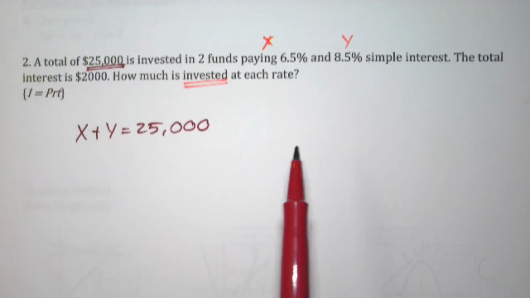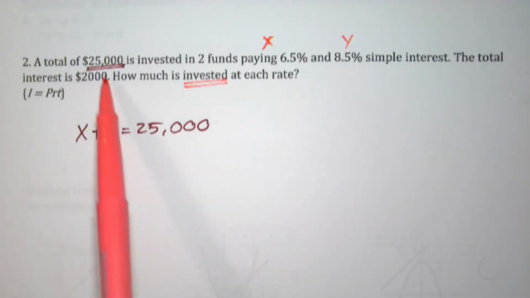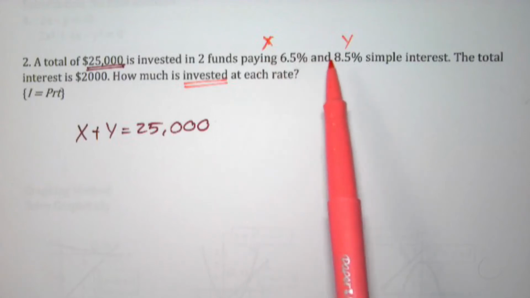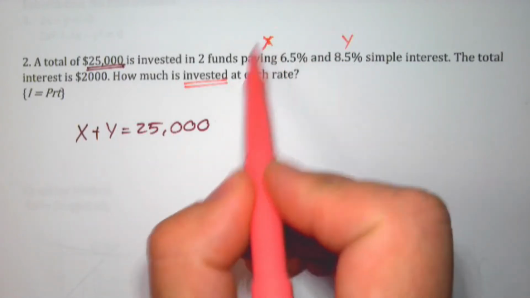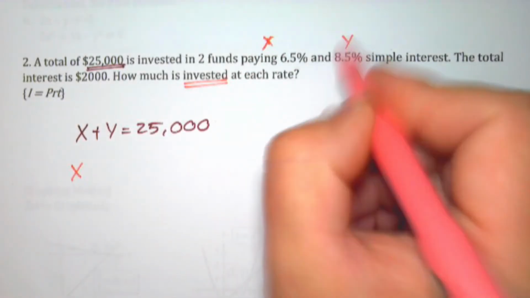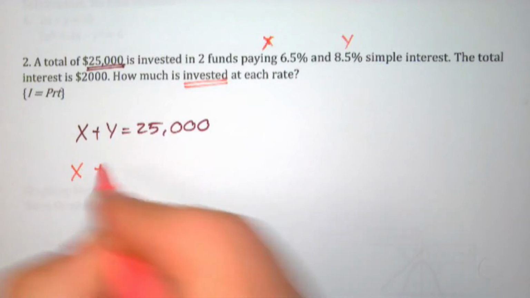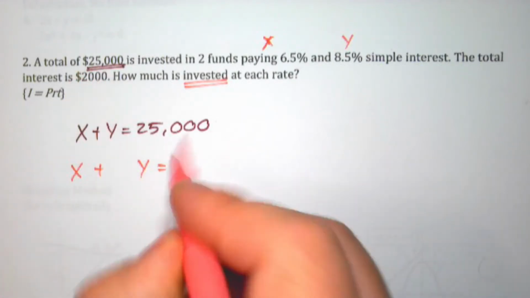So we don't really need to think about that when we create our other equations. That 25,000 is handled. We now need to find a way to tie in the 2,000 and our percentages. Well, we do know that some amount of this first fund added to some amount of that second fund is going to ultimately give us $2,000 interest.